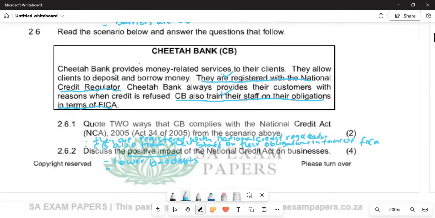It also protects business against non-paying customers.